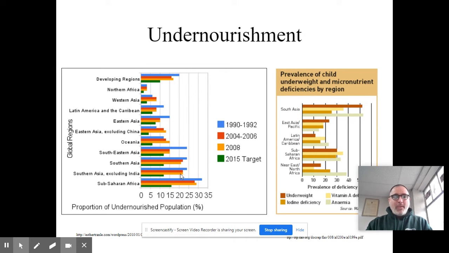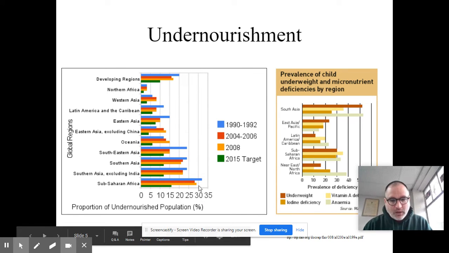They're hoping to really go from about 23% of the population to about 10% of the population that's undernourished in these Southern Asian countries. And that's a pretty big jump. They're looking to go 13 points there to lower undernourishment in that region of the world. And same with sub-Saharan Africa, it's an even bigger jump.